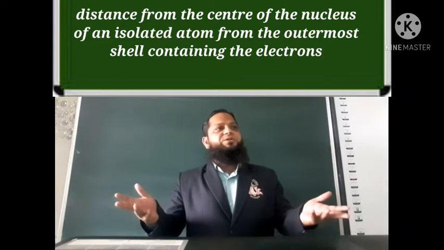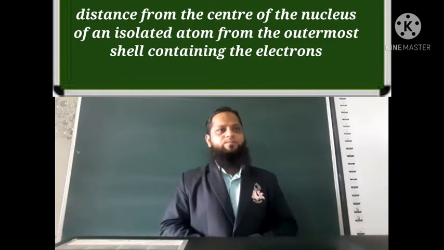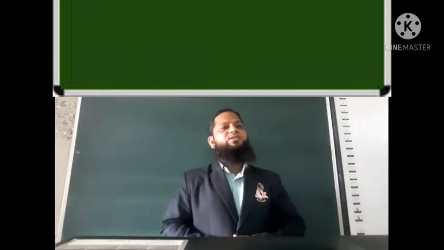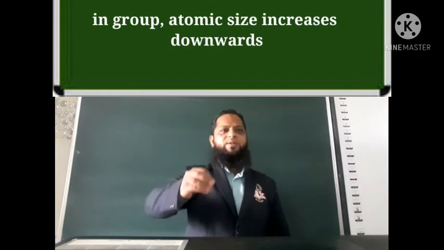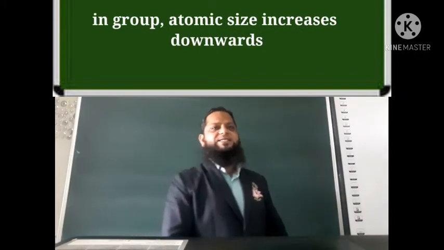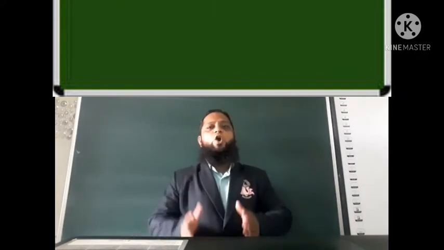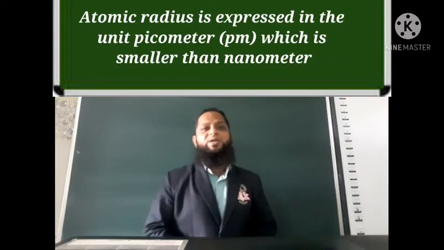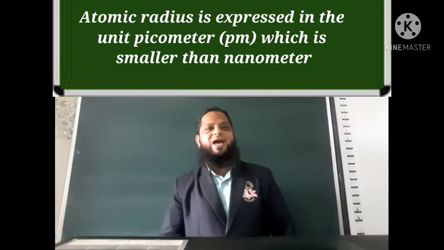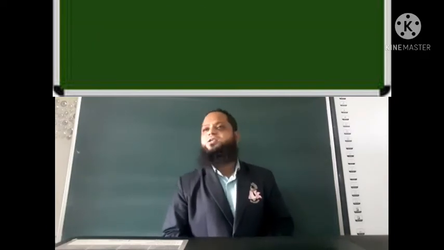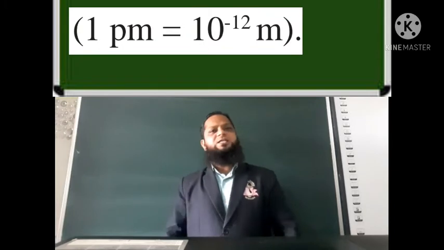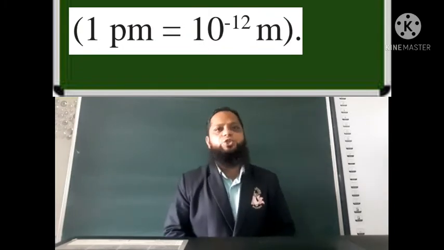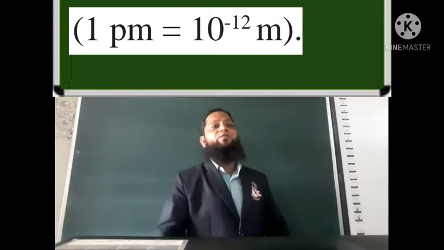In a group, atomic size or atomic radius increases downwards. Atomic radius is expressed in the unit picometer, which is smaller than nanometer because 1 picometer is equal to 10 raised to negative 12 meter.